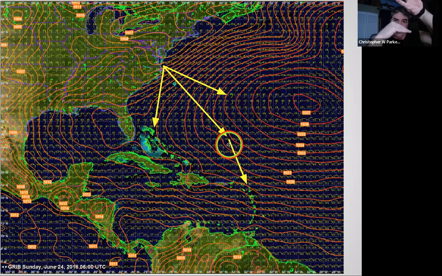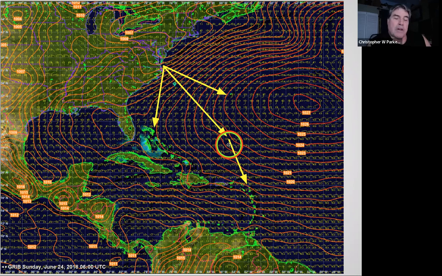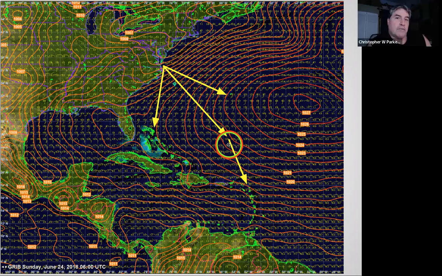Remember, the lingering frontal trough is going to be an area of relatively lower pressure. So there can be a compression zone caused by the high pressure system versus that lower pressure along the frontal trough. And we can see wind, around 25 north, 65 west, that is east-northeast or east or even east-southeast at gale force. Maybe 25, 30, 35 knots, gusting 40 or 50 in squalls and thunderstorms.